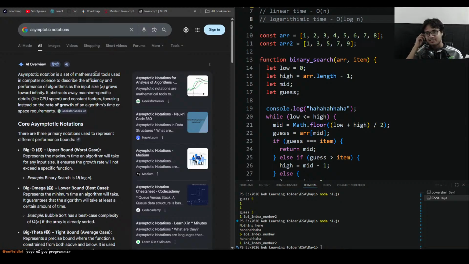Asymptotic notation is a set of mathematical tools used in computer science to describe the efficiency and performance of algorithms as the input size grows towards infinity.